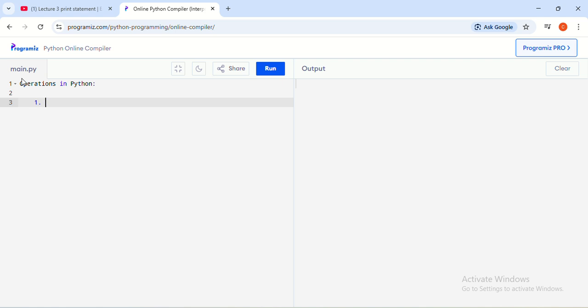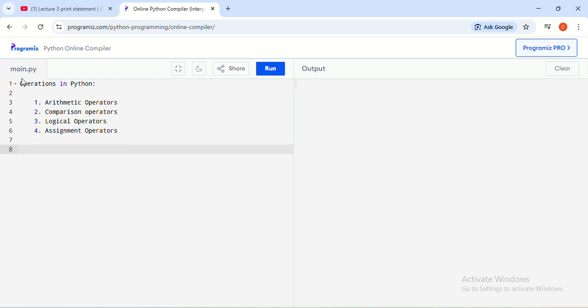First of all, arithmetic operators, then we can discuss about comparison operators, then relational, logical operators, and then assignment operators. There are some more categories, but first of all we are going to discuss about all these operators.